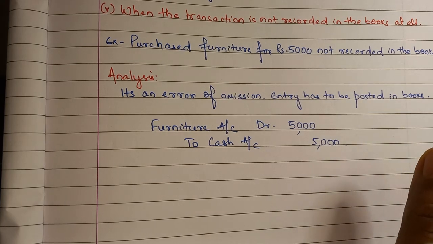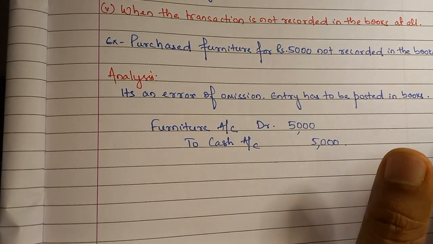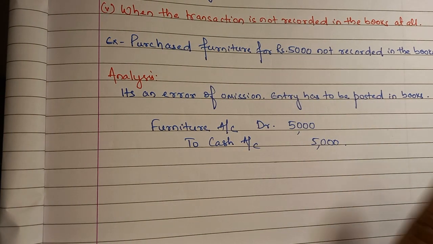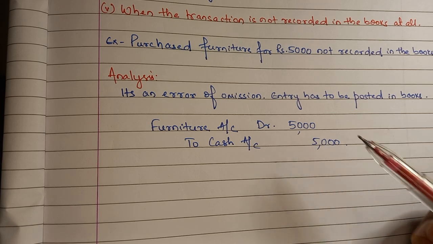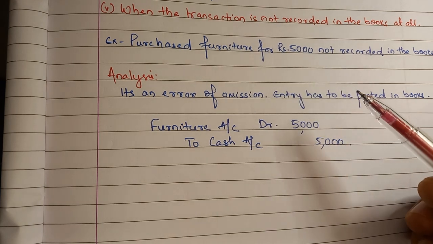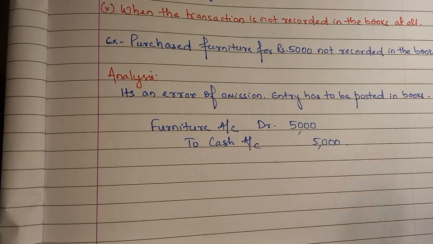Just for your information, rectification of entry is one of the easiest ways. Many times students get confused about what amount to be debited, what amount to be credited. So always do the analysis by writing down the wrong entry, then write down the correct entry, see the impact in the ledgers, see the impact of debit and credit. If there is an opposite direction entry, then you have to reverse with double the amount, and always check which particular error is there.